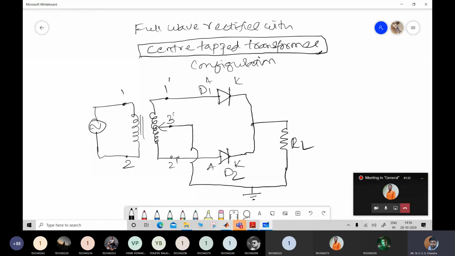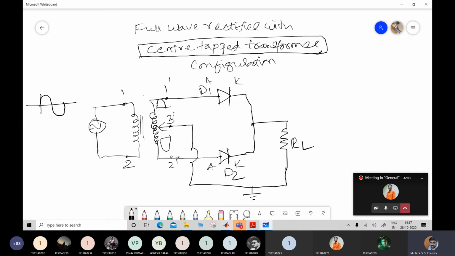So whenever you are having a sinusoidal voltage at the primary side of the circuit, for the positive half cycle, for the top portion of the secondary winding, you will get a positive half cycle over here, whereas for the bottom portion of the transformer you will be getting a negative half.